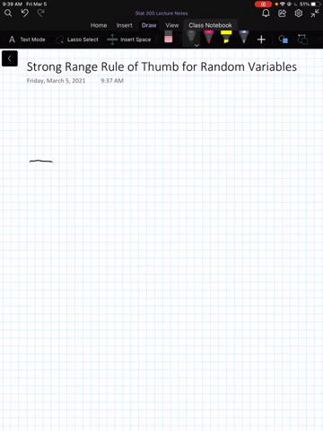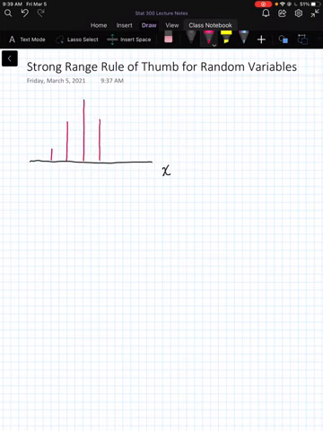The idea being, let's suppose we have some random variable x that we're representing using a graph, possibly, and all we know is that we can reasonably say that the distribution graph is roughly bell curve shaped.